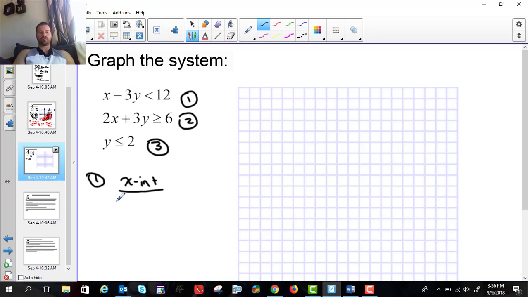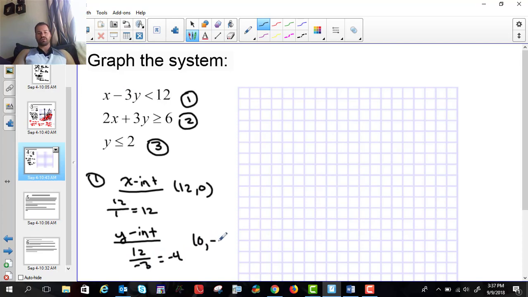We're going to take 12 and divide it by 1 to get our x-intercept, which is just 12. And then our y-intercept is going to be 12 divided by minus 3. All right, 12 here divided by the minus 3 there, and 12 divided by minus 3 is minus 4. So our y-intercept is 0 and minus 4.